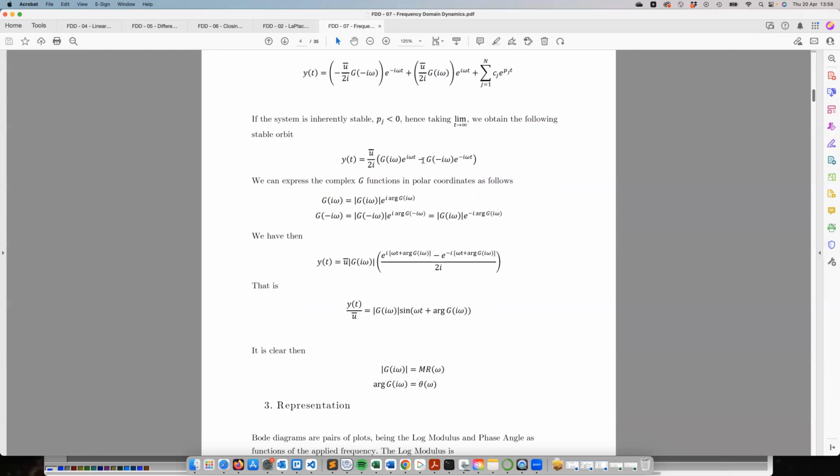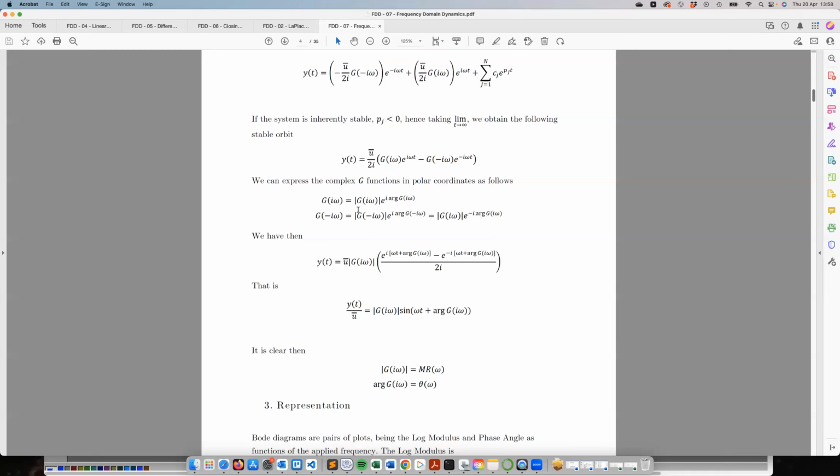And then here we've got g of minus i omega. So we know the magnitude is this and the angle is this, right? And the complex conjugates being equal means that the angle for minus i omega is the same angle, with a minus sign. So we can apply that expansion.